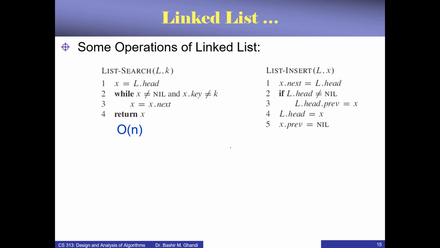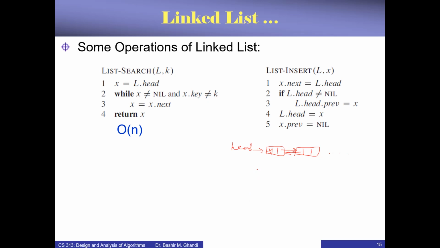We have head pointing to a node, and that may point to another node, and so on. But since we're going to insert at the beginning, this is enough for us. So the next of this is here, the prev of this is here. Of course, the prev of the first node is nil.